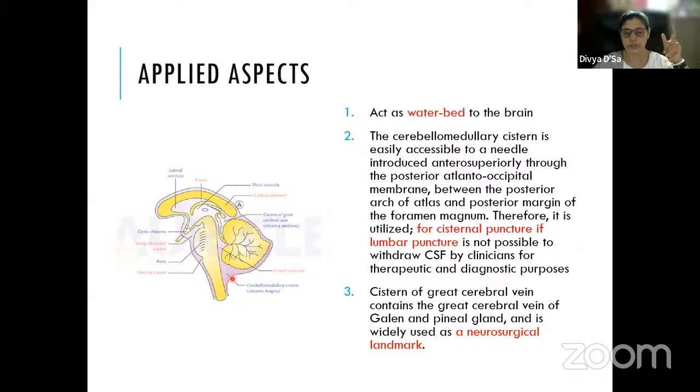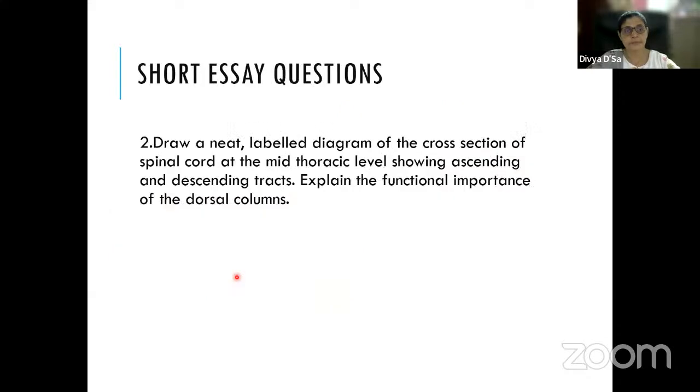When CSF cannot be drawn because a lumbar puncture is not possible, CSF is drawn from this space. Since the cistern of the great cerebral vein contains the great cerebral vein and pineal gland, it is used as a neurosurgical landmark.